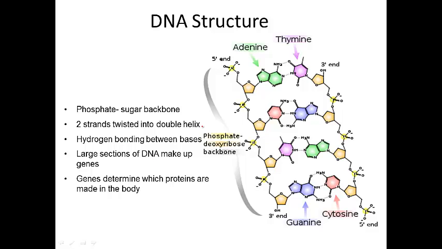And when you have a large section of this DNA, it makes up something called genes. And the genes essentially have the code for the order of amino acids to make a protein. So when we think about the function of DNA, it's not that it controls everything, but it does. But we'd like to be more detailed. DNA has the code to produce the right sequence of amino acids, which is going to make the right protein.